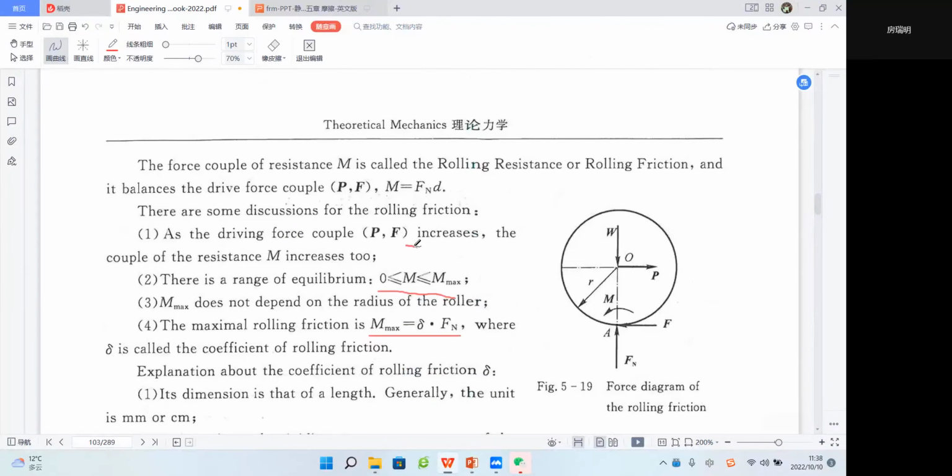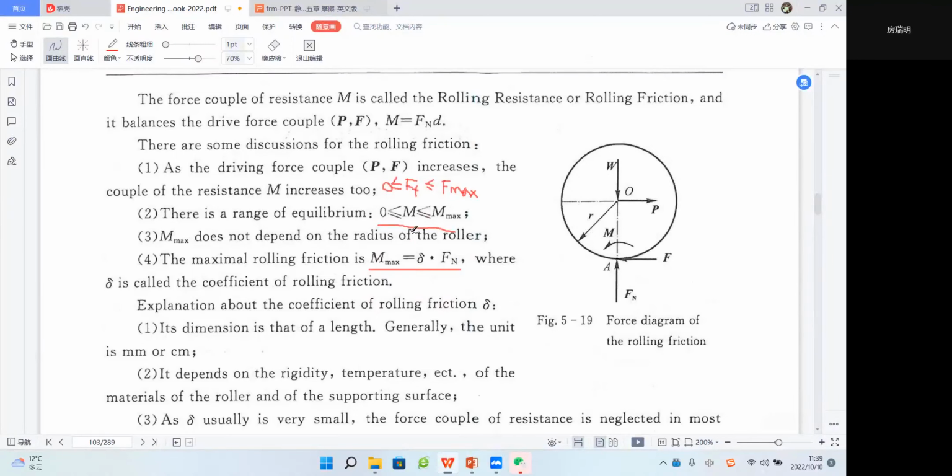We have static sliding friction: Fs should be less than or equal to F max, right? And greater than or equal to 0.